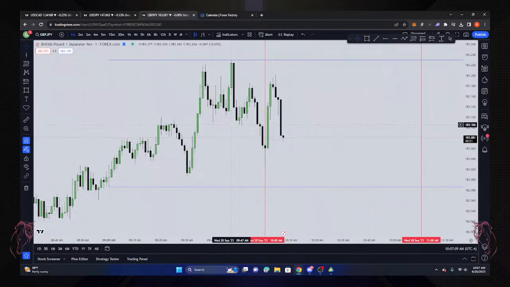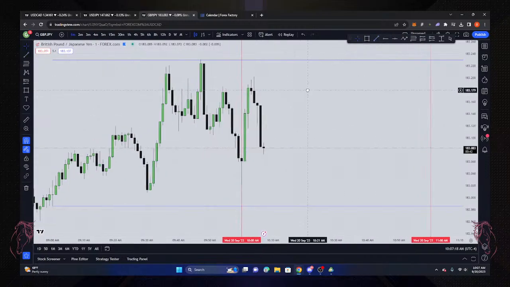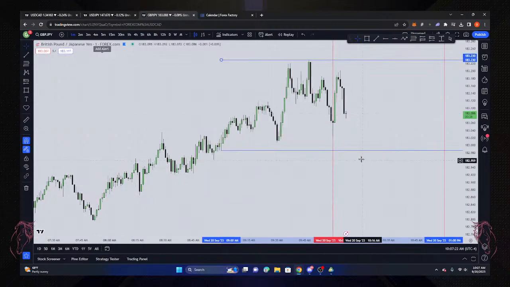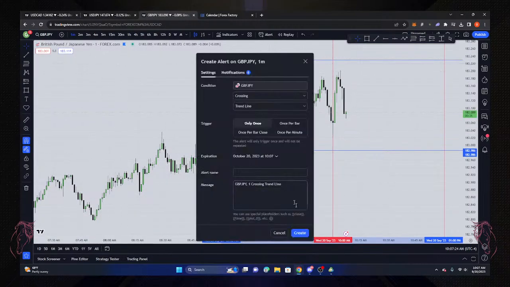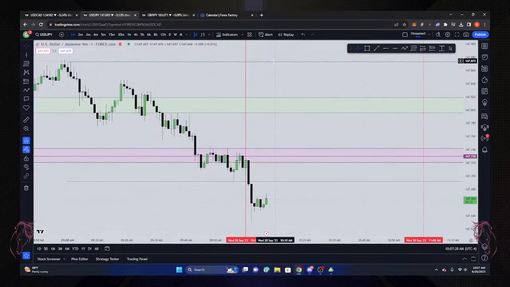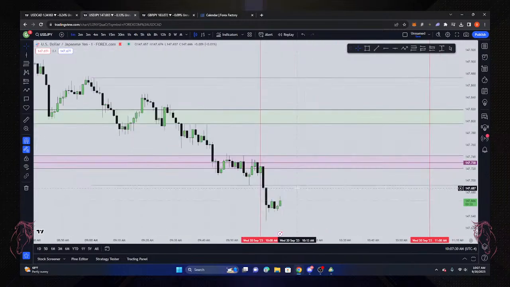So we see sweep of liquidity on both sell side and buy side. But I want to see either the 9 a.m. highs get swept or the 9 a.m. lows get swept in order to take an entry. So I placed an alert on it.